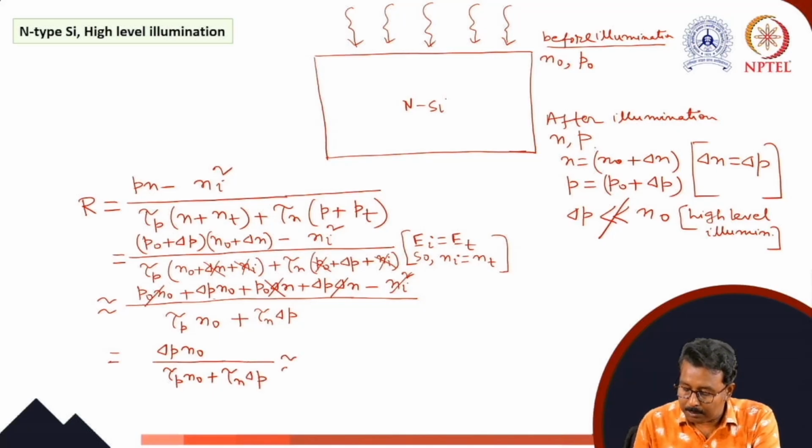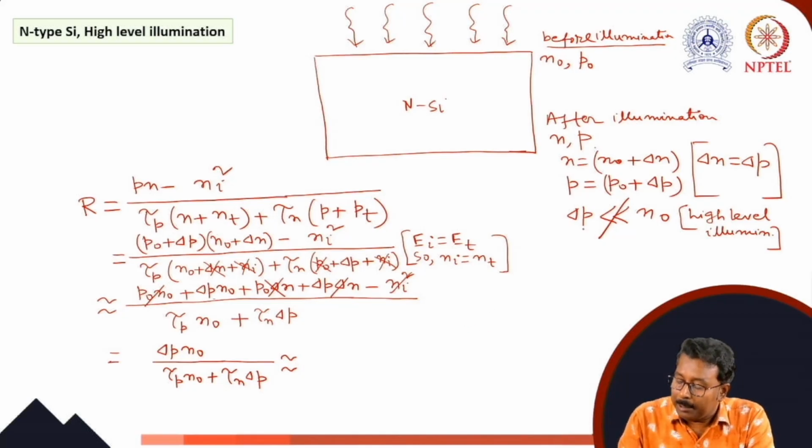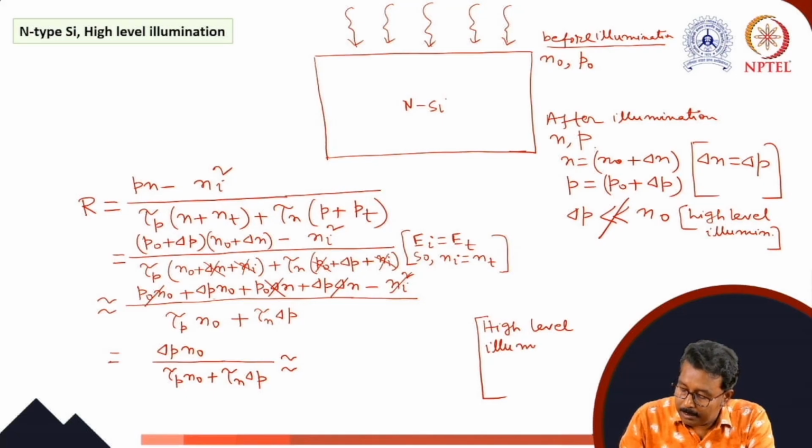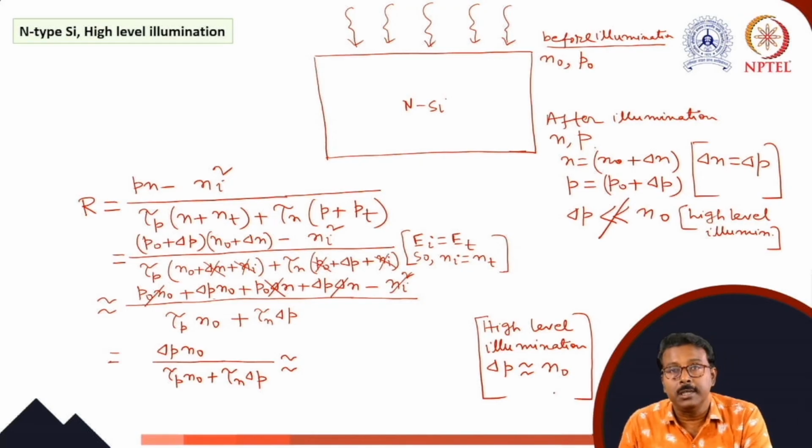So a further assumption we can make in this way: high level illumination, that means delta P may be comparable to N0, the majority carrier concentration before illumination.